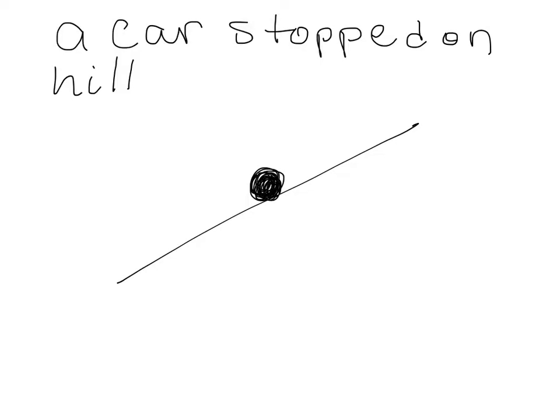We have two forces involved. We have the force due to gravity acting straight downward. And we have the normal force, which is perpendicular to the surface. That is a dot diagram for a car stopped on a hill.